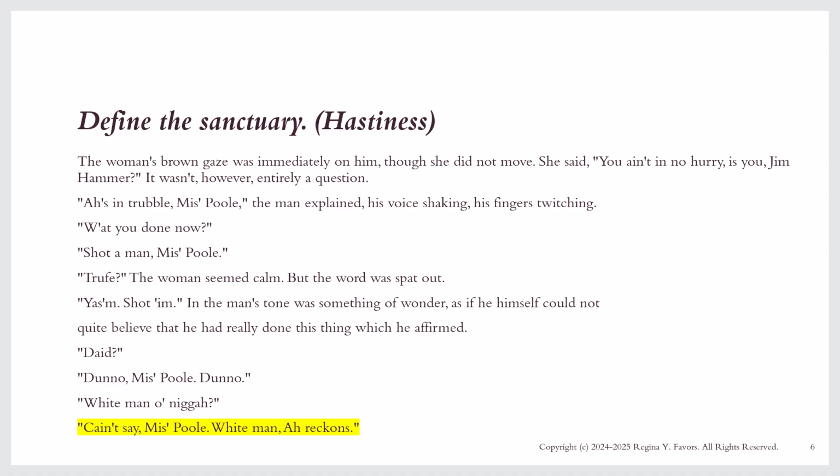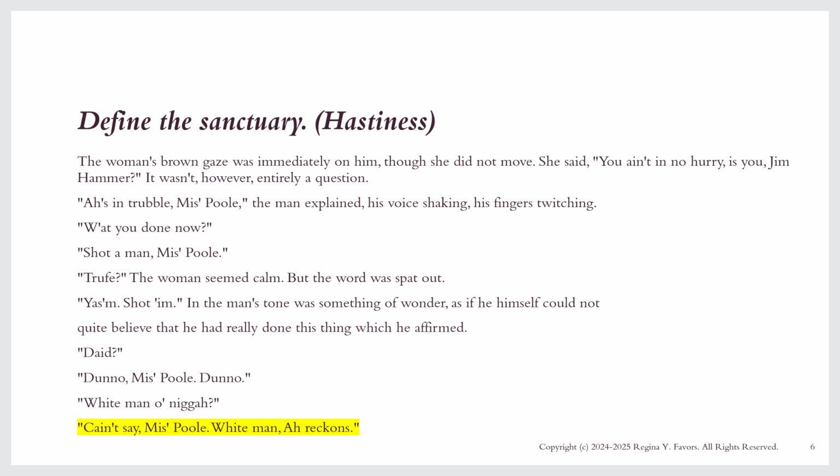The woman's brown gaze was immediately on him, though she did not move. She said, "You ain't in no hurry, is you, Jim Hammer?" It wasn't, however, entirely a question. "I's in trouble, Miss Poole," the man explained, his voice shaking, his fingers twitching. "What you done now?"